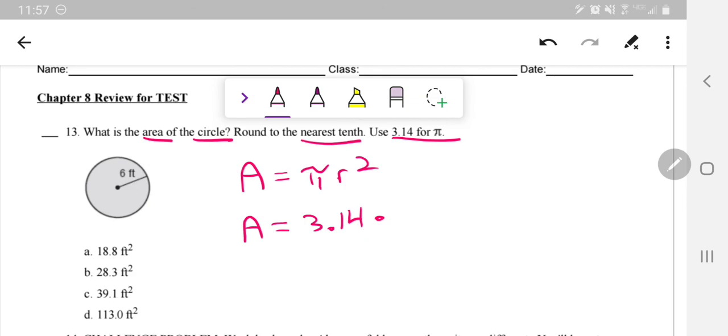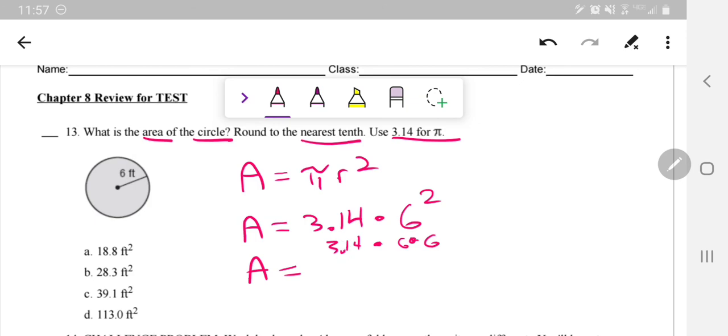All right, I have my radius, and that's going to be 6, so we're going to square that. A lot of times when I type that into the calculator, I like to just type it in as 6 times 6. So I'll type in 3.14 times 6 times 6, because I don't often know where the square button is, and it's just more convenient.